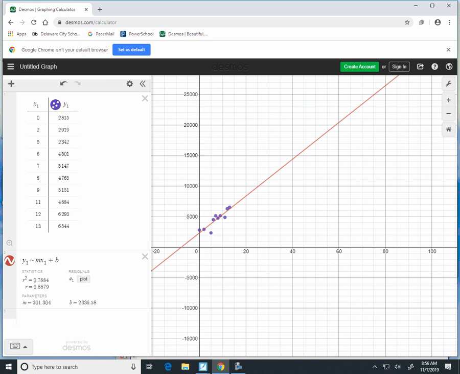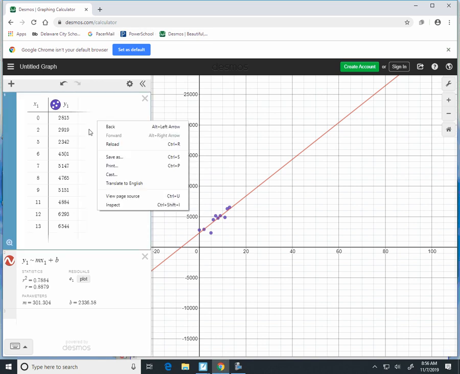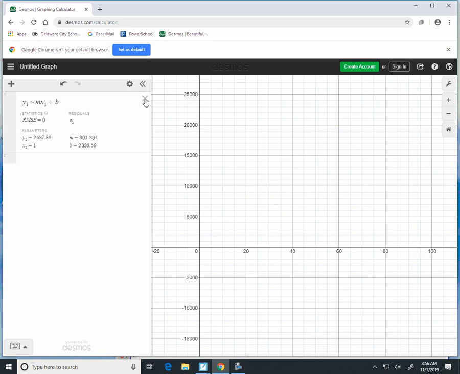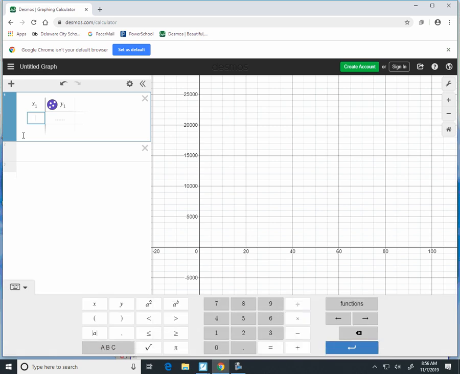And then remember, statistics is the only time we're going to add a table. If we're working with functions, we're just going with the table that is created. All right, here we go.